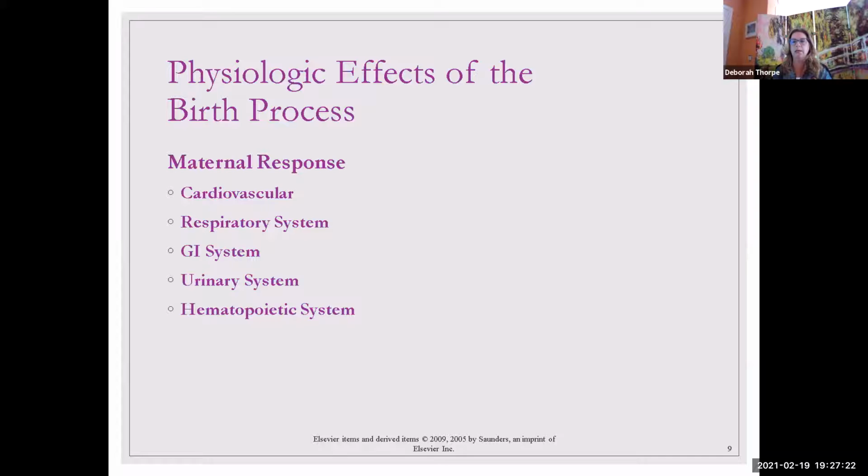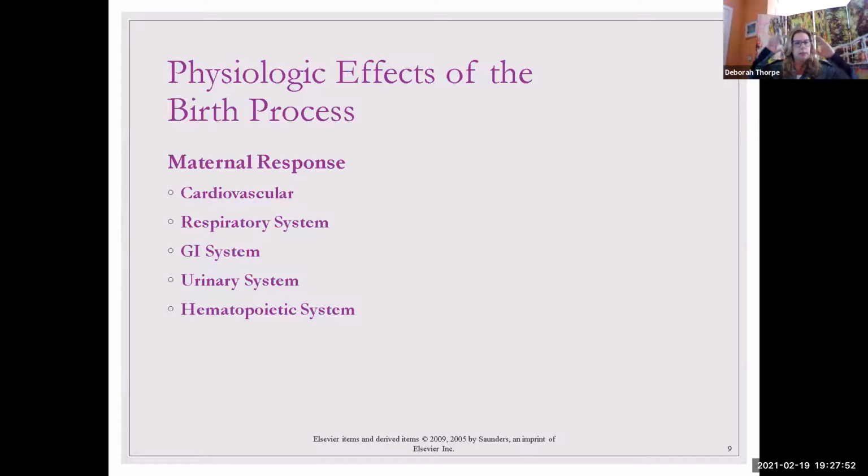Okay, so when you think about it, for the cardiovascular system, with each contraction, the blood flow to the placenta gradually decreases. So it's like this big sponge that's getting squeezed. So that blood goes back out to mom's blood volume for that short period, right? It's just a temporary increase that you'll see in her blood pressure, and it might decrease her pulse, right?